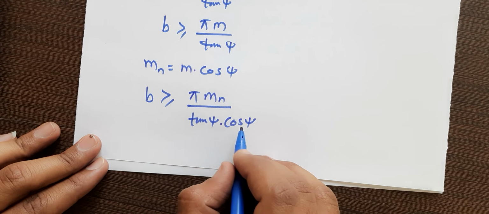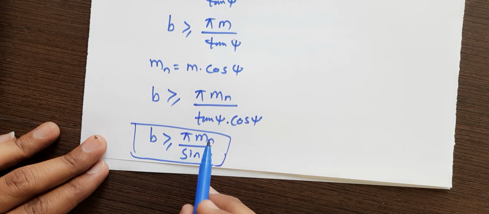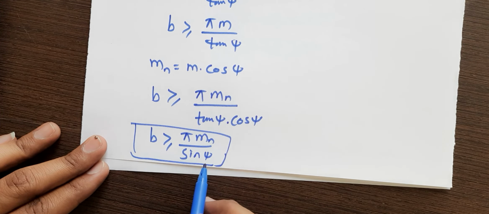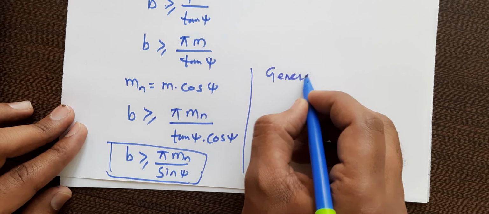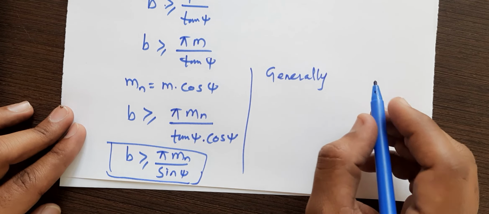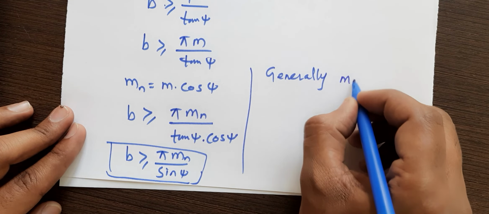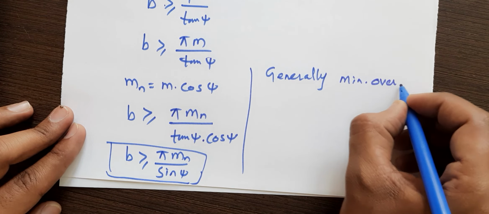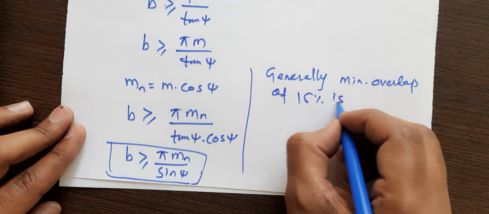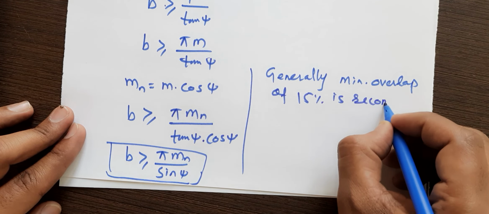So to ensure continuous contact, your B should be greater than or equal to pi into Mn divided by sin psi. Now generally the minimum overlap of 15% is recommended.